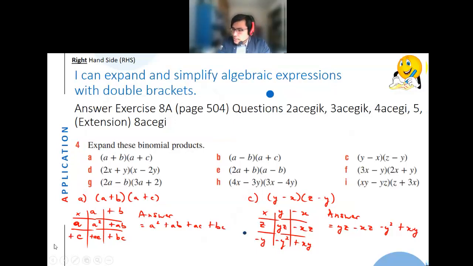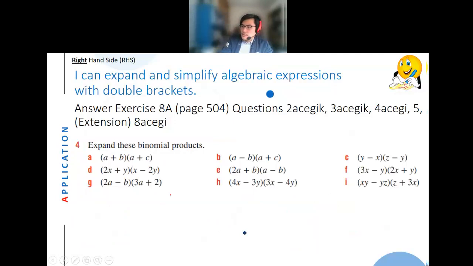All right, moving on to E. So we have 2a plus b, a minus b. So a times 2a, that's going to be 2a squared.